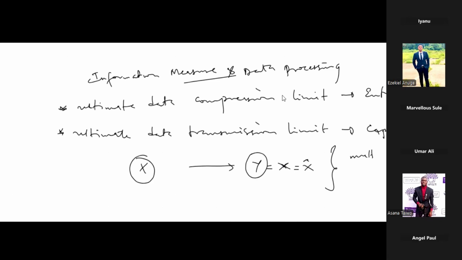Okay, so if we now have to talk in terms of mutual relationship, then that brings us to what we refer to as mutual information. So how much of X can we learn from Y?